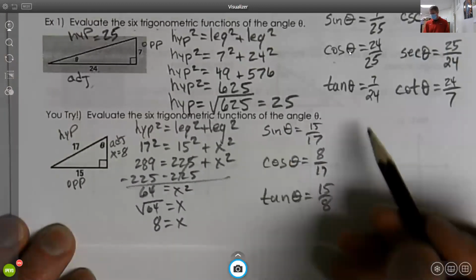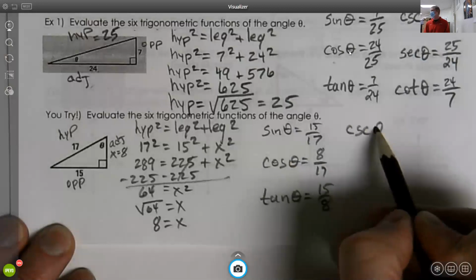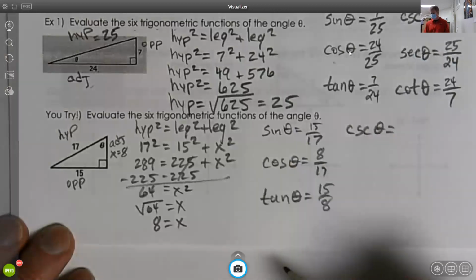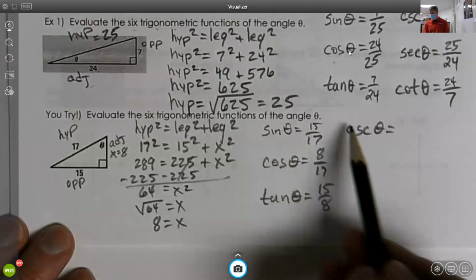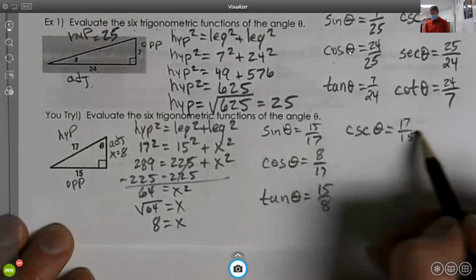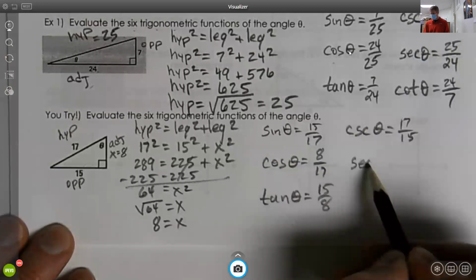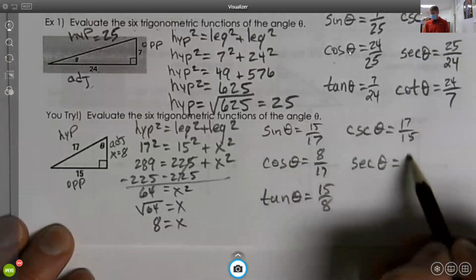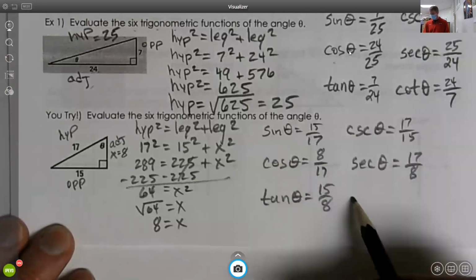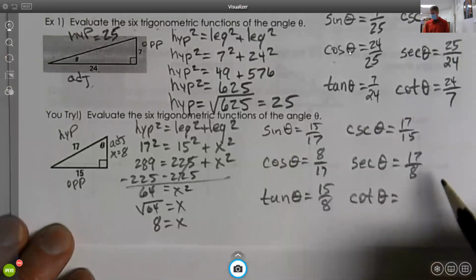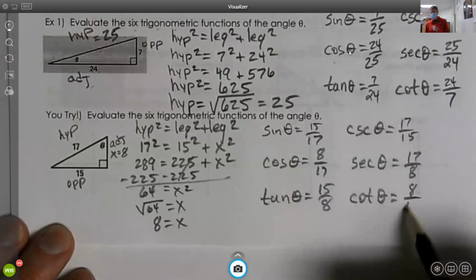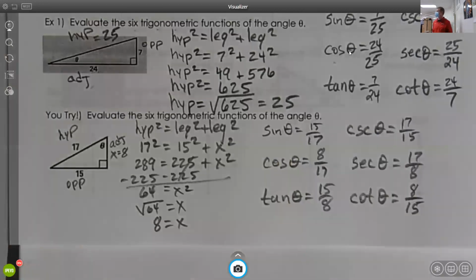Then we're getting used to writing out cosecant, which is CSC. That's the reciprocal of sine, 17/15. Then we have secant. And then cotangent. The more times you say the words, the more times you write it out, the more you're going to be familiar with it.